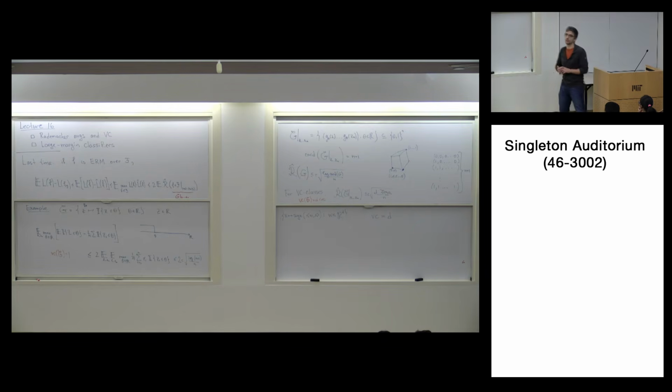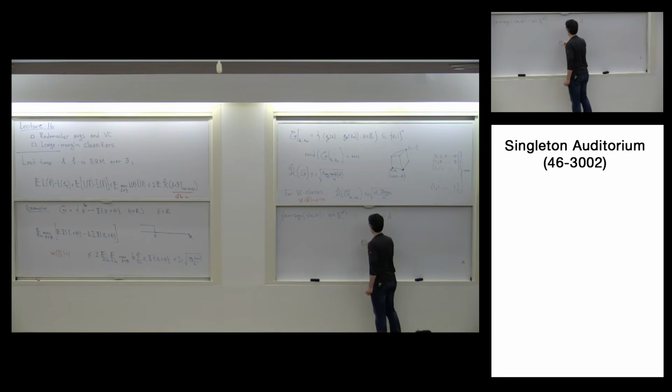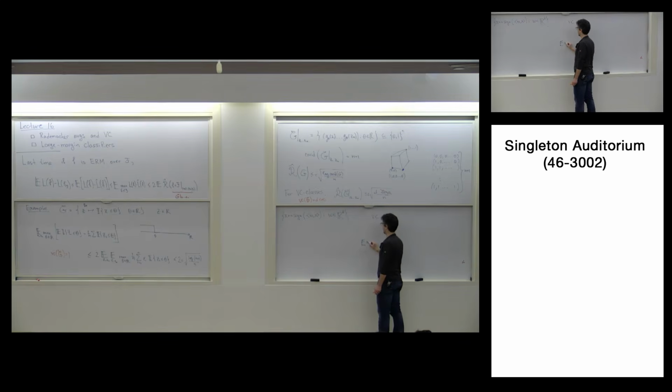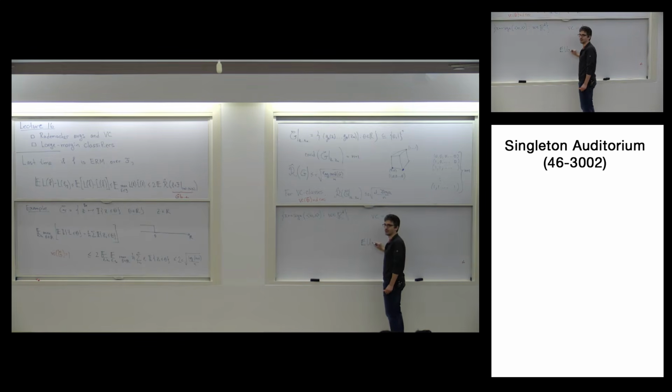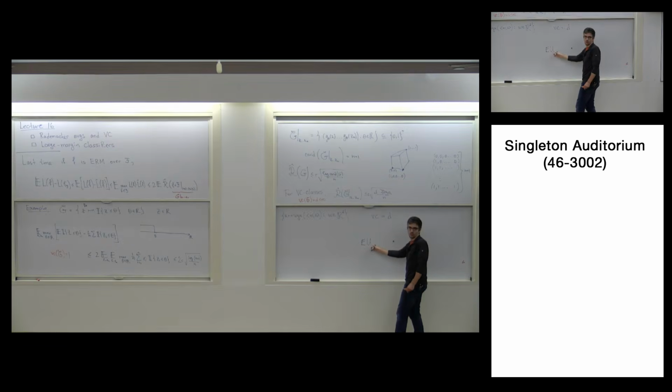Let me give a bit of intuition why this is the case. Here's the expected value of some random variable u. I'm going to be very loose, kind of hand-wavy. You draw random versions of this, and the center is the mean.